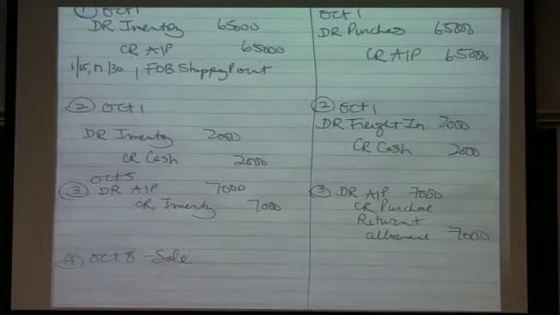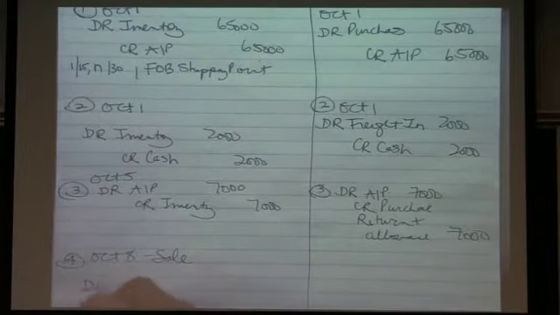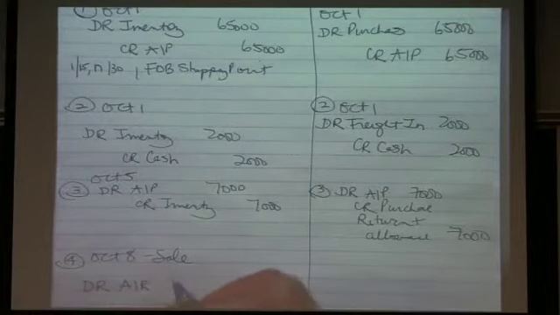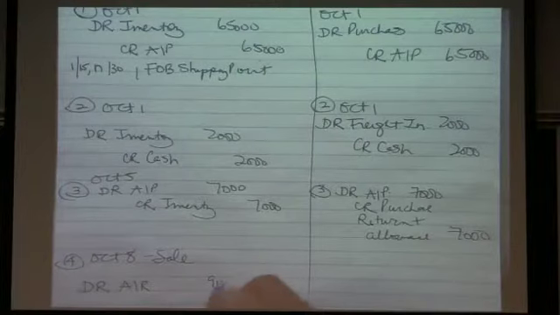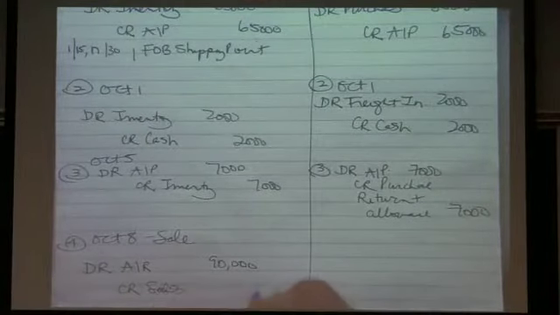The entry for October the 8th is debit accounts receivable $90,000 and credit sales $90,000.